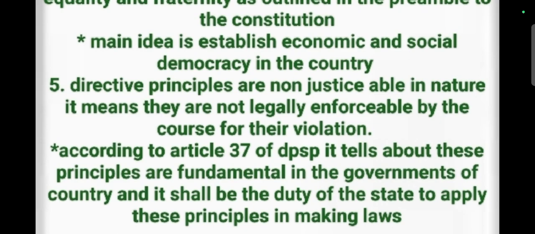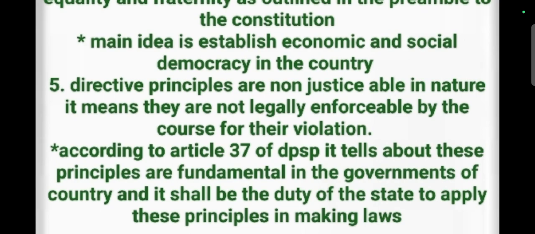But on the basis of the right to equality, like Article 14 and Article 19, we are not able to enforce those directive principles. Here, on the basis of their family income, their status, and their class only, these directive principles can be applicable.